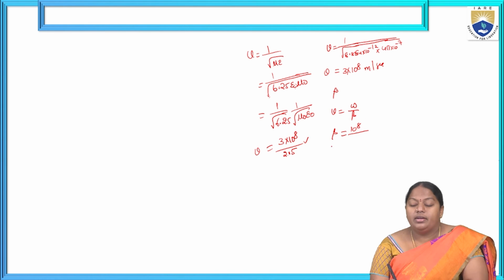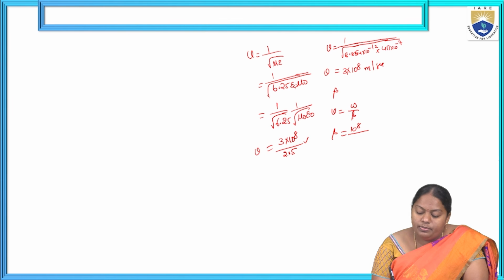beta value needs to be evaluated. So beta equal to omega by velocity. Beta equal to omega value we have considered from the given as 10 power 8, by velocity v, that is 3 into 10 power 8 by 2.5.